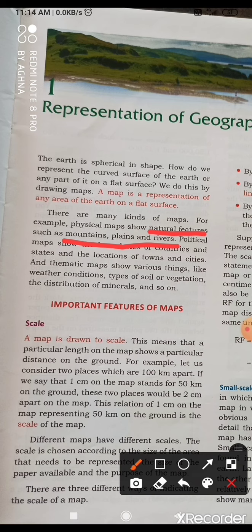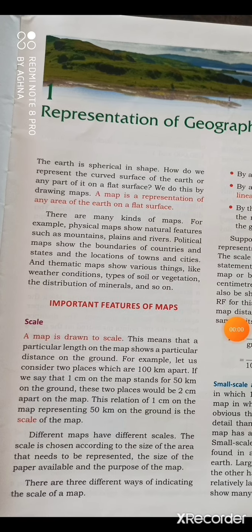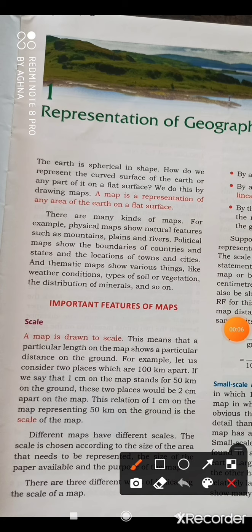Then second is political map. So it shows boundaries of countries and states and the location of towns and cities. So you have to remember this one, that political map shows boundaries of countries and states, even the location of towns and cities.